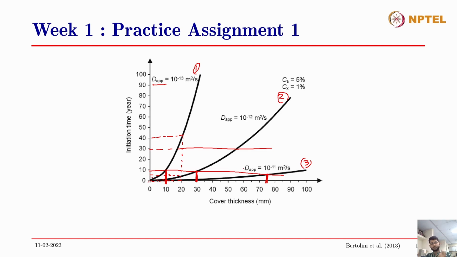So if you want the same initiation time with different diffusion coefficients, you need to vary the cover as required. Again, if we want the initiation time to be 50 years and we provide sufficient cover, even for concrete with a high diffusion coefficient, we'll be able to lengthen the corrosion process and restrict it to a certain period. Right? I hope this diagram was clear.